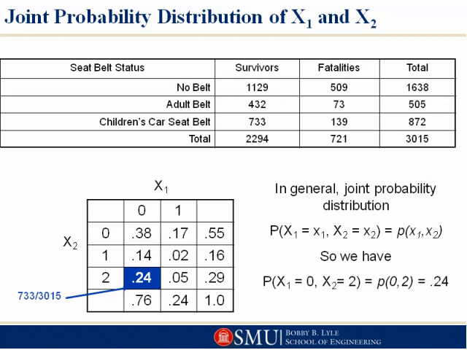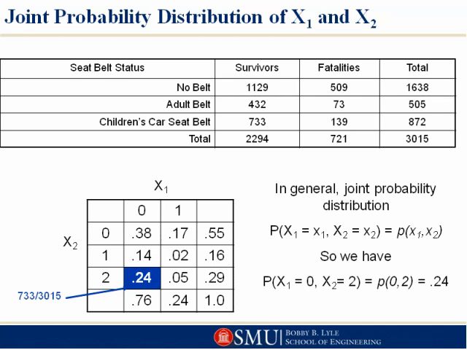That probability was 0.24, calculated by taking 733 from the top table divided by the total number of children who were part of this study. Going back to the 7,060 accidents, that was 3,015 children involved in this study.